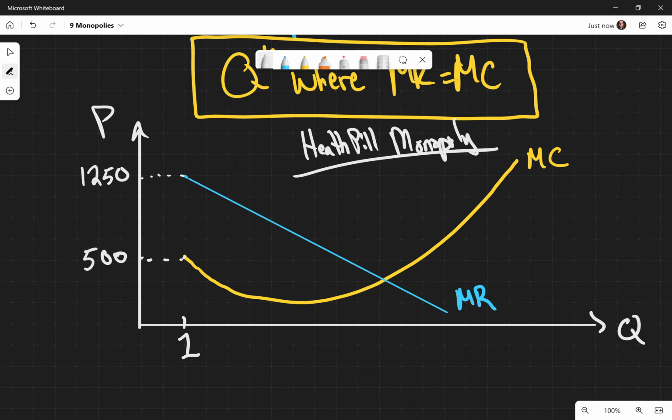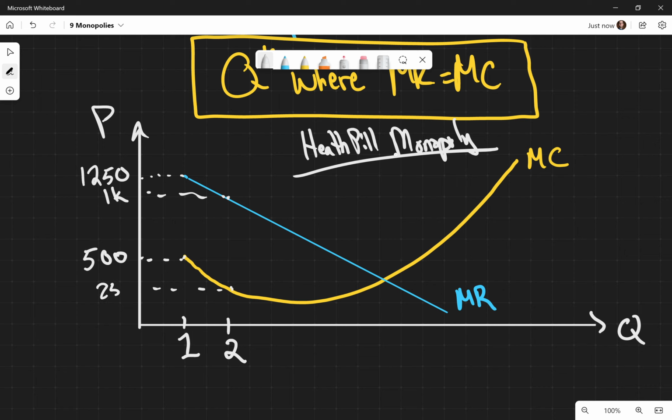So then again, incremental analysis, marginal analysis, you can also think of it as step analysis, like you're going up a set of stairs. So you go through the first step, and then you say, okay, do I want to take that second step? That second step, I have a marginal revenue of 1,000, and I have a marginal cost of 250.